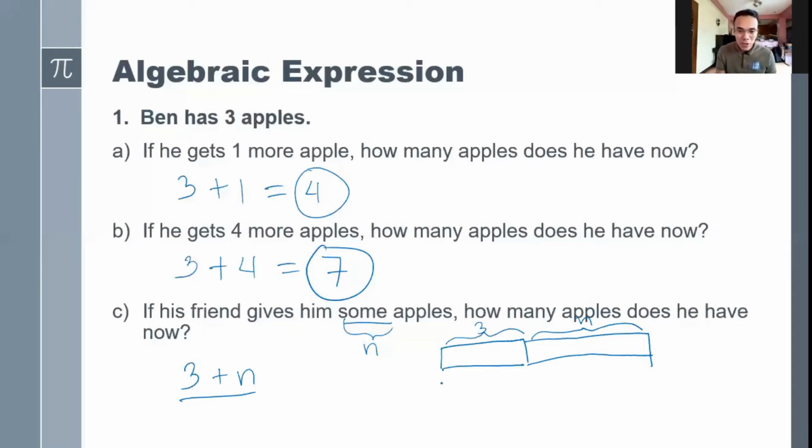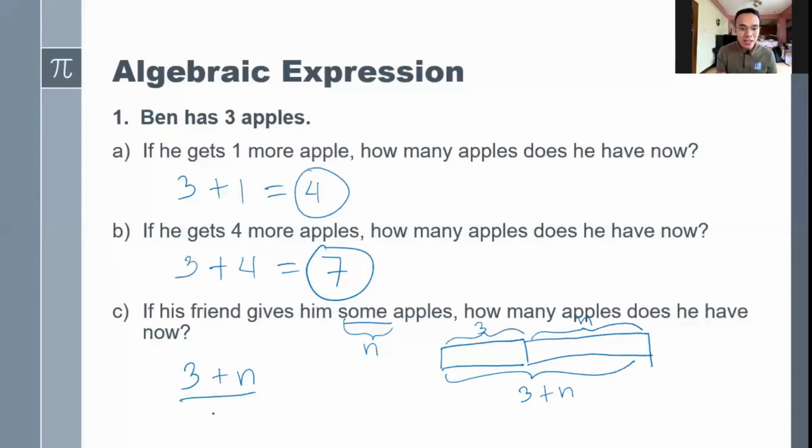And if we're going to find this total, this whole, we're just going to combine the parts together. So we have here 3 plus N. So this is now 3 plus N. So this is the number of apples Ben has now.